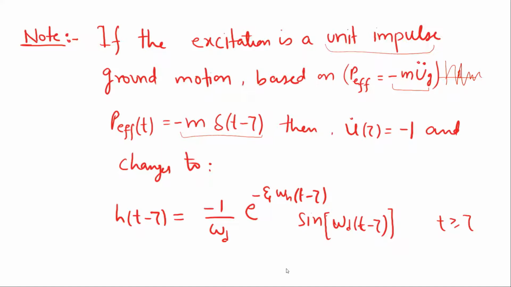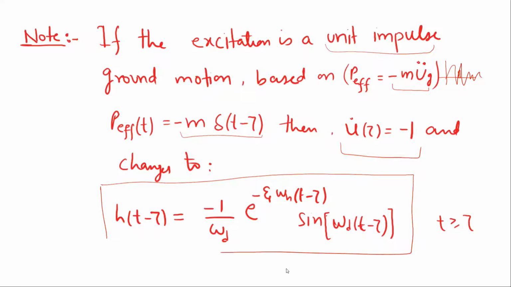Then u dot tau equals minus 1, and it changes to h of t minus tau equals minus 1 by omega d e to the power minus xi omega n (t minus tau) sine. Here m becomes 1, unity, as u dot tau is minus 1 by m, so we just put this value.